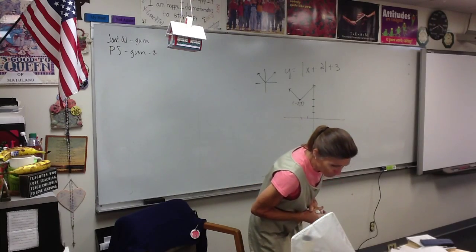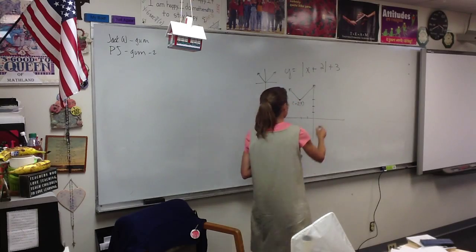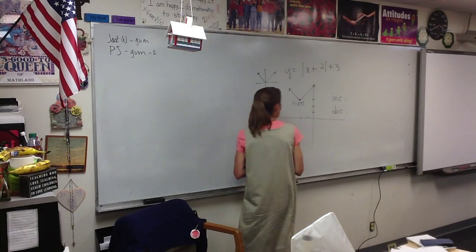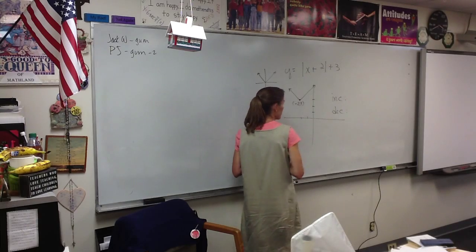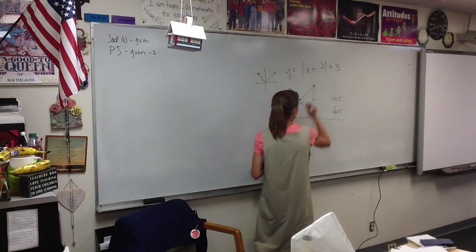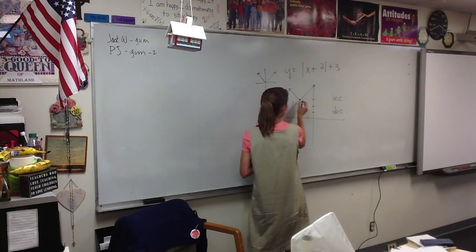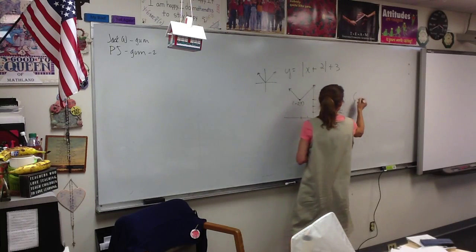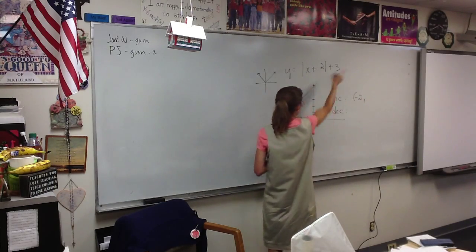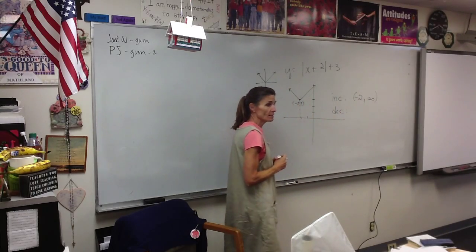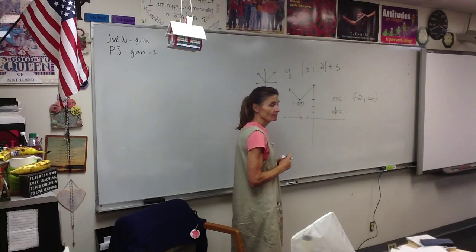Now, what's the question? Name the intervals on which it's increasing or decreasing. So what does increasing mean? Hand goes up as we draw it. So that starts here, right? Which is what x value? -2. And goes forever, right? So there's the interval on which it is increasing.